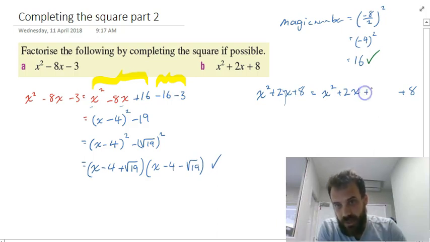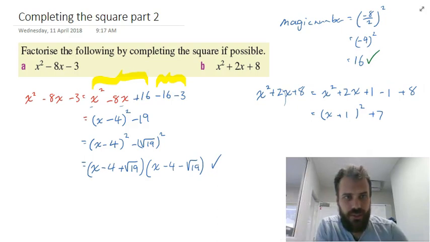So we need to add 1, and we need to subtract 1. That was our magic number of 1. X squared plus 2x plus 1, that's going to be x plus 1 squared, and I'm left here with negative 1 plus 8, which is plus 7.